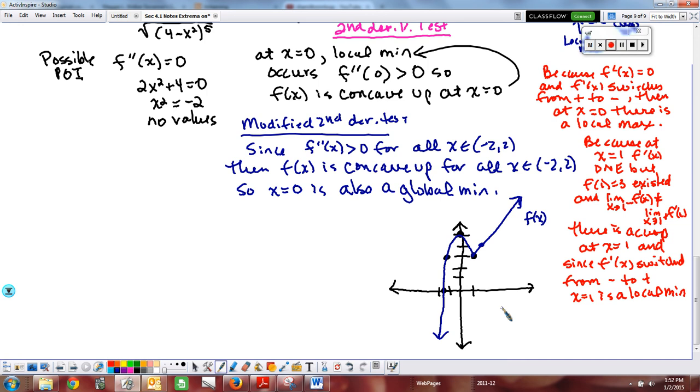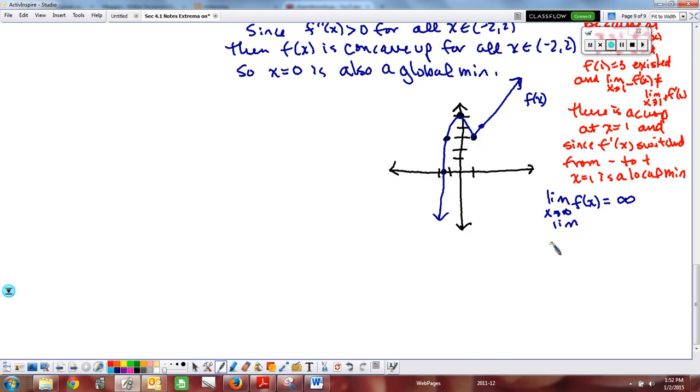Now, as we can see here, if we're thinking about what's going on with this graph, we are increasing, decreasing, and then increasing. We know that the limit as x goes to infinity of f of x equals infinity, and we also know that the limit as x goes to negative infinity of f of x equals negative infinity.